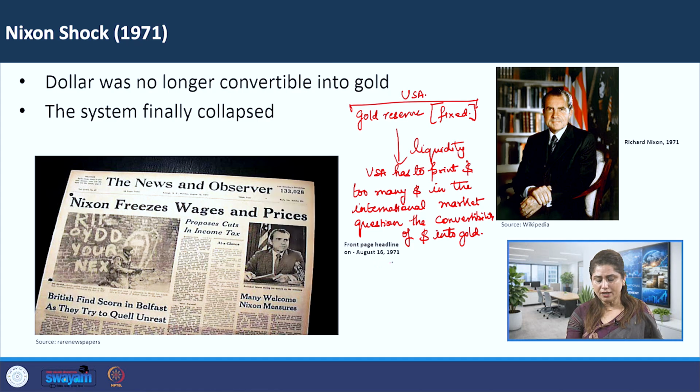Now, what should be the ratio, or the price at which the dollar can be exchanged for gold?